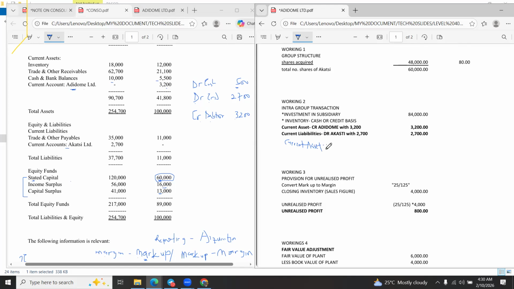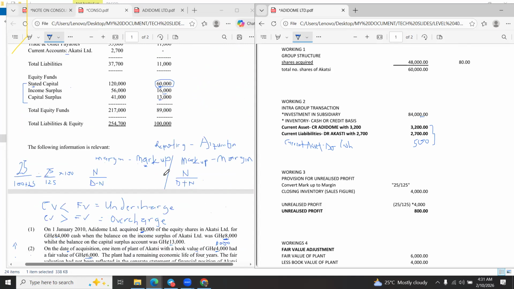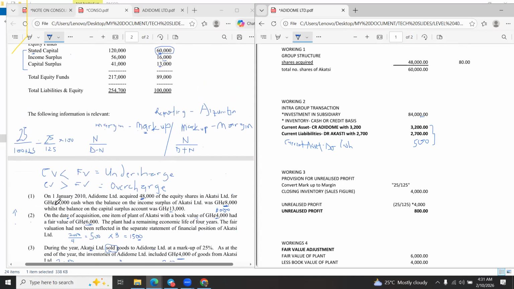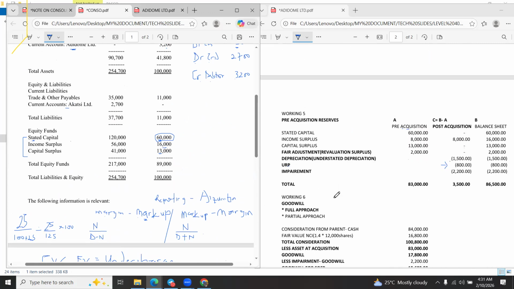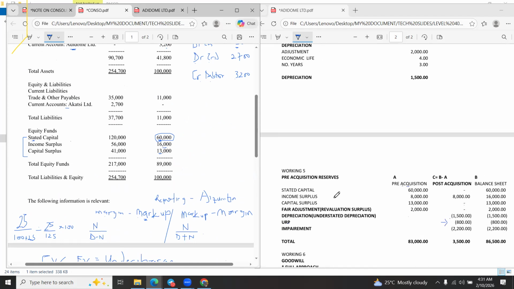Debit bank or cash, 500. When it happens like that, you have closed on this account. The investment in a subsidiary, which is the 8,400 we saw at the initial, comes to cancel that investment in the account. Okay, so we apply it, but we are doing the workings. When we are done and we are preparing the final account, we apply it, so that you see what I'm talking about.